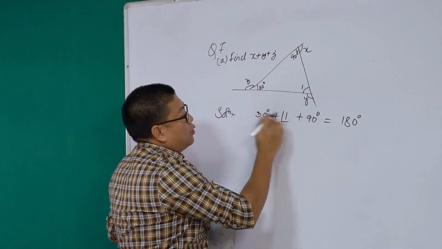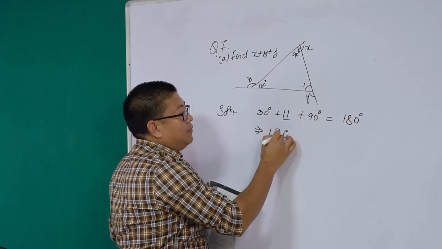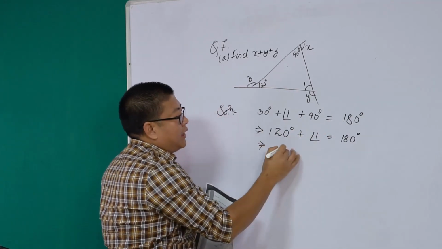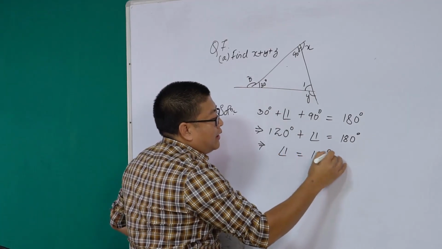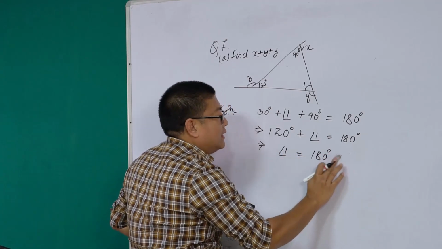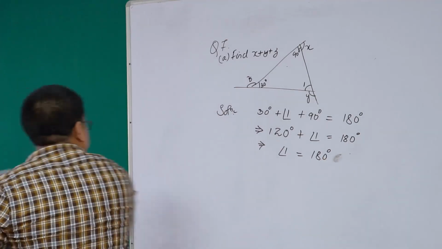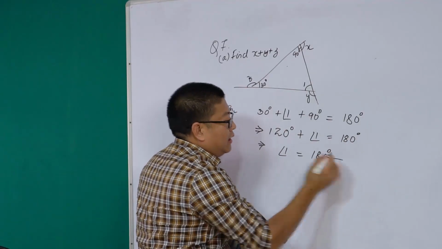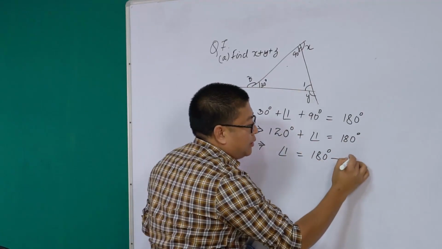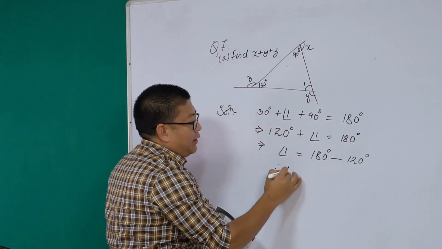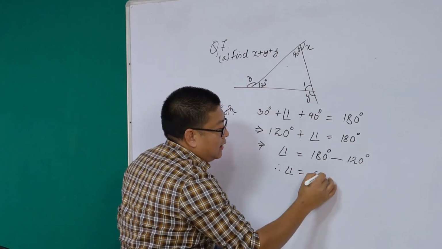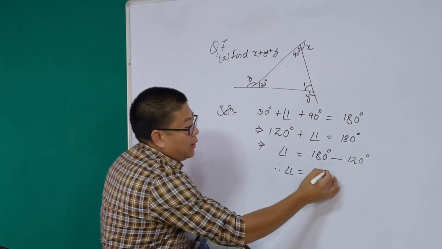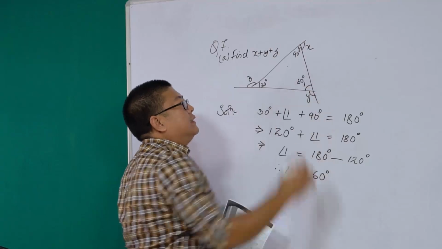When you add these two, 30 plus 90 is 120. So angle 1 plus 120 is equal to 180 degrees. This implies angle 1 is equal to 180 minus 120, since the plus 120 being shifted to the right becomes minus 120. And finally, you get angle 1 as 60. So we have angle 1 as 60 degrees.